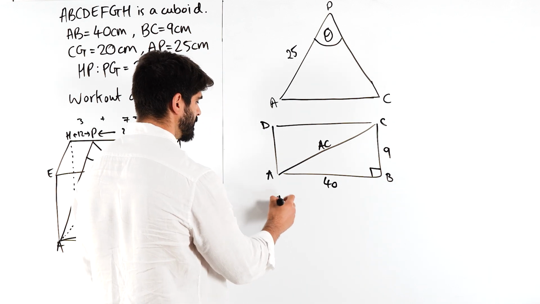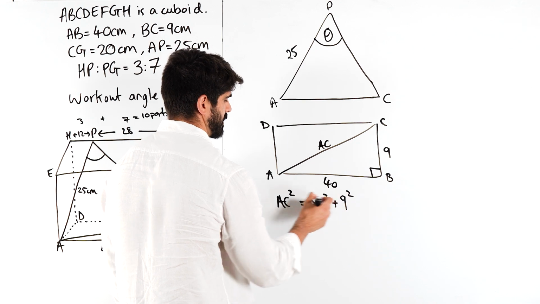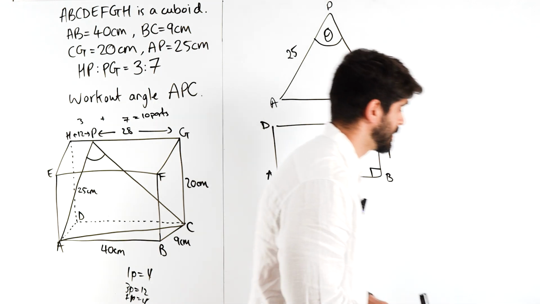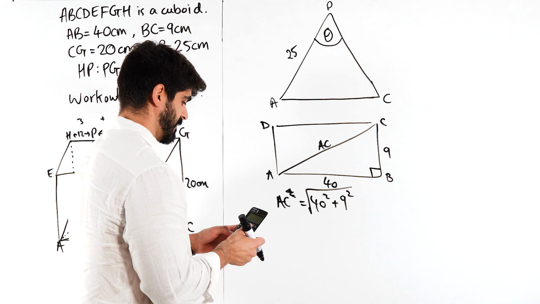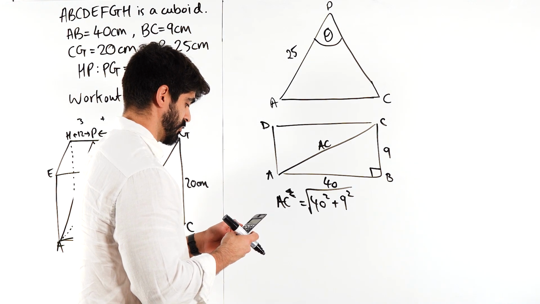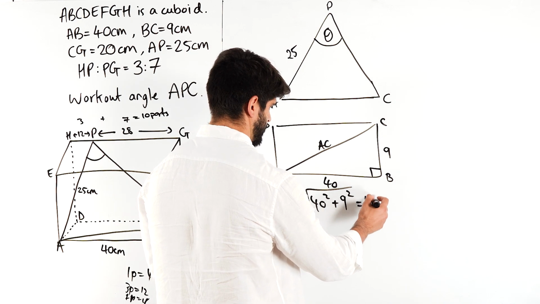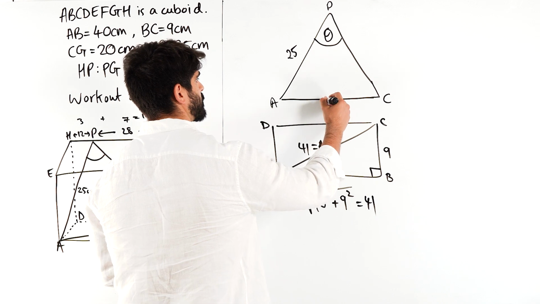Pythagoras. AC squared is 40 squared plus 9 squared. And then we might as well root that at the same time, which I'm not sure if it simplifies, because this doesn't look like a Pythagorean triple to me. Oh no, it is. All right. I guess they strategically chose this one. There we go. So we have 41.